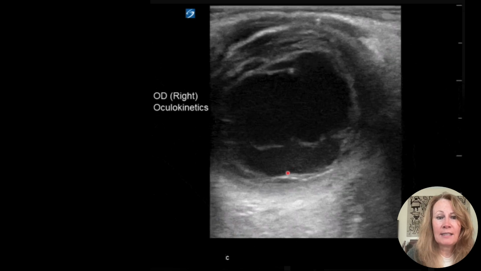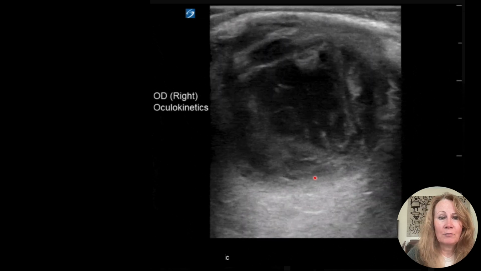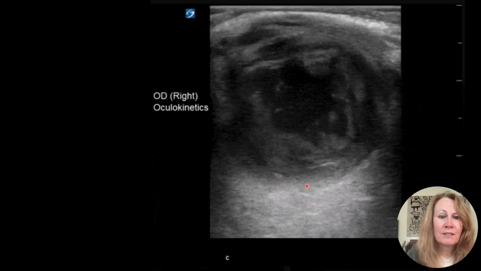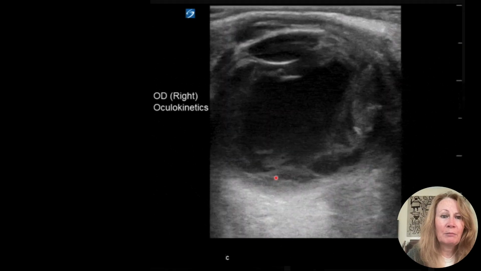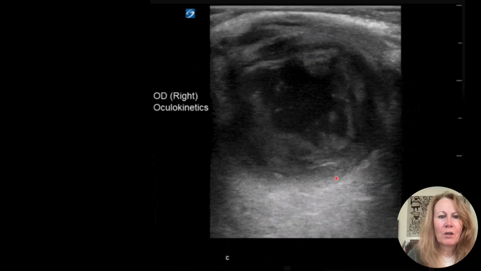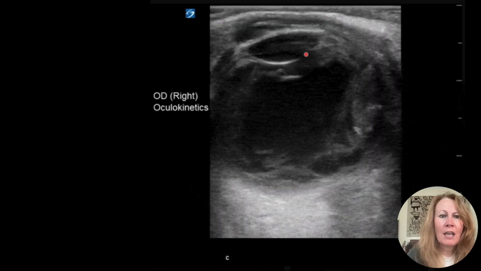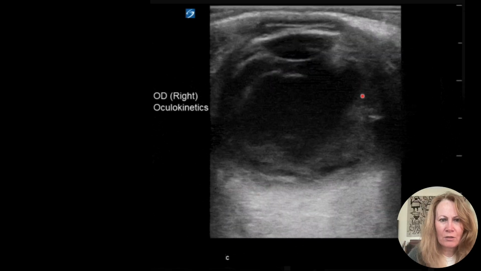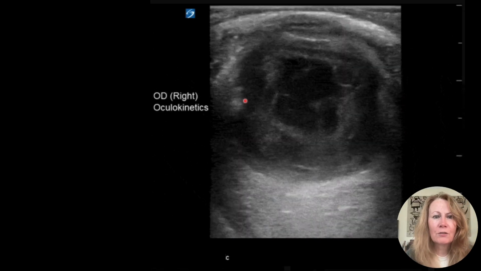We can't see the retina of the eye. We can sort of see the posterior disc, but we really can't see very clearly what's going on in the very posterior part of the eye. And we do see these internal echoes, peripherally, kind of obscuring things.